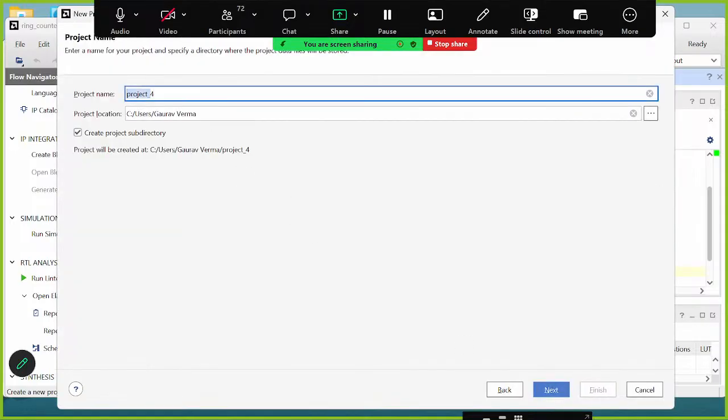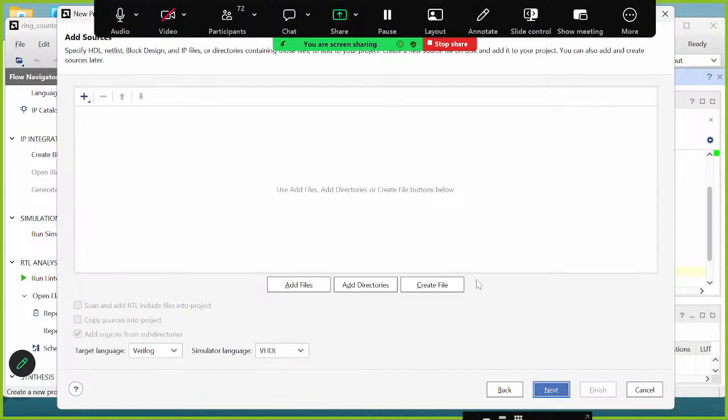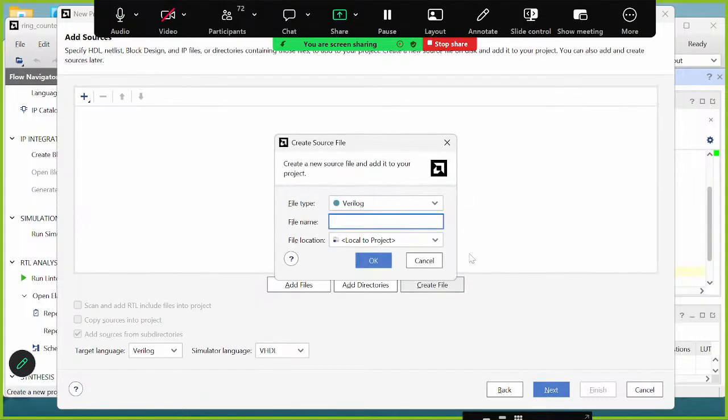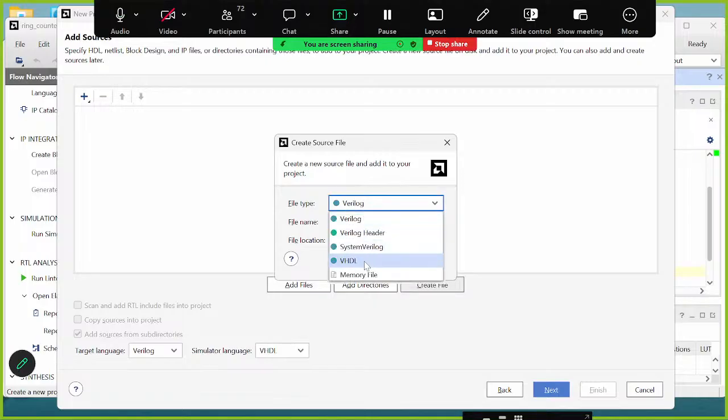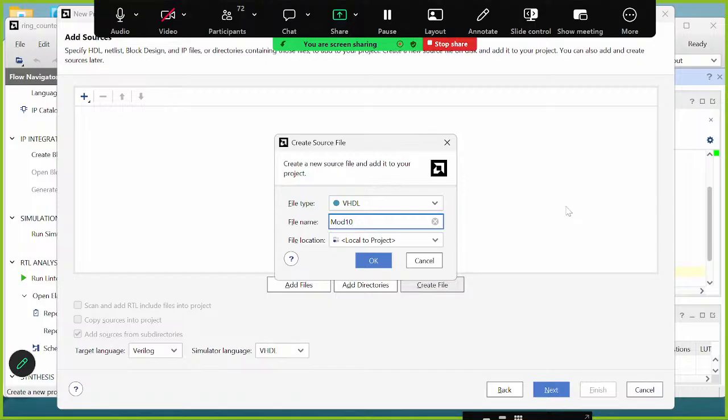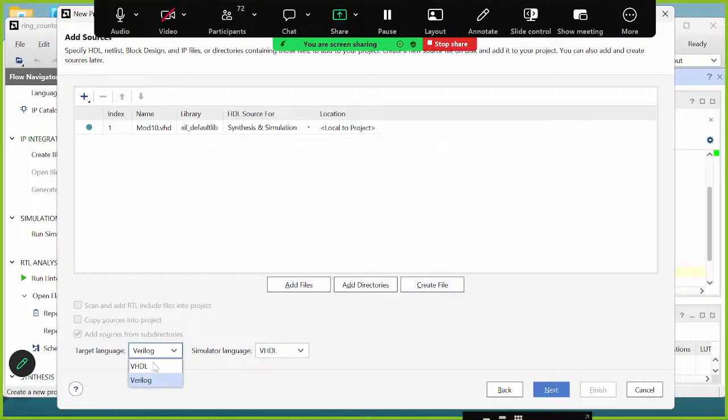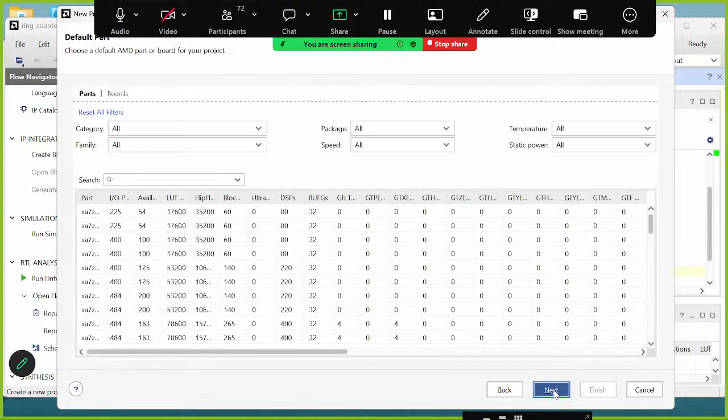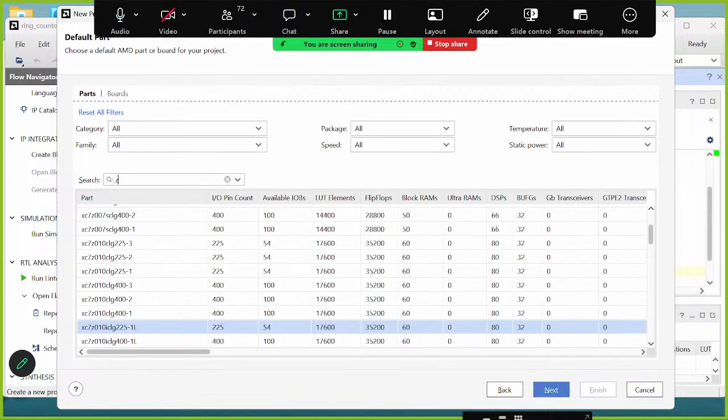It is mode 10 count. You can try the rest of the modes by yourself. You can even design any sequence counter you want, whatever logic you want. For the timing, I am using the same entity name. VHDL. Next. Next. Check the board.